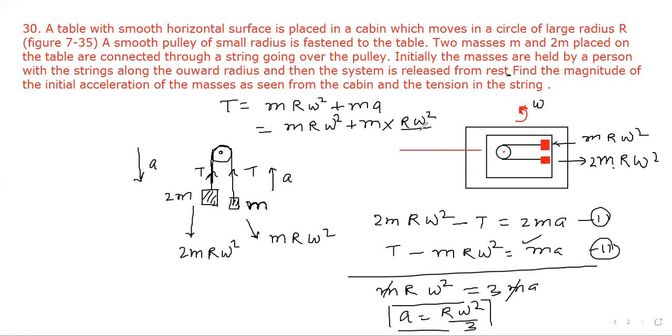So if we take LCM, 3mr omega square plus mr omega square. So that will be 4 by 3 mr omega square. And that is our answer. Thank you for watching.